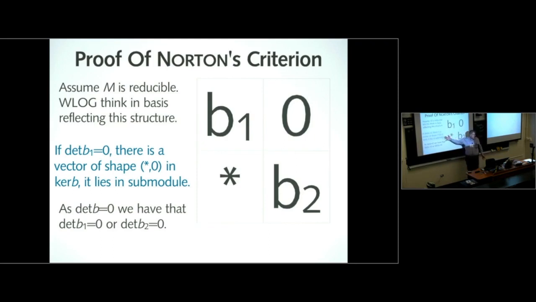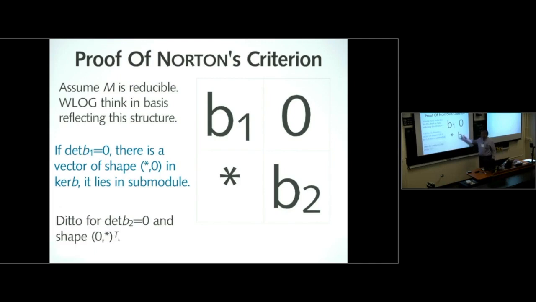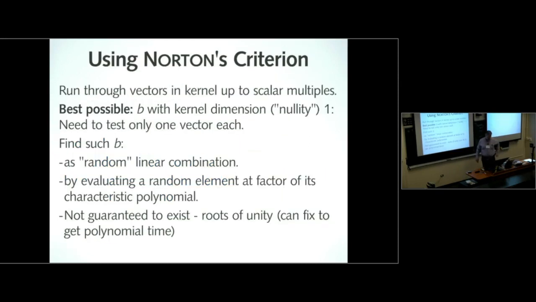That's how I chose my basis, that the first few basis vectors are the submodule. So I have found a vector in a proper submodule and it lies in the null space of that matrix. Second case, what happens if the determinant of B2 is 0? Well, then I do the same with the transpose matrix, or the same in the dual module. And I get, by the same argument, a vector there. So, that's the criterion.